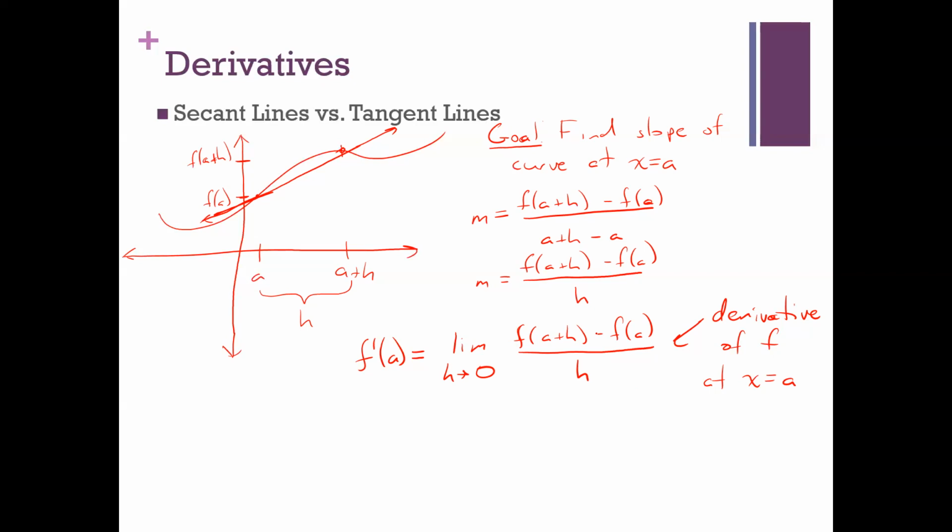Before we get into all those different ways we can use this, it's important to know where it comes from. And really, it all comes down to this motivation of, I want to find the slope of a thing that is not a straight line. Now we have the ability to do that.